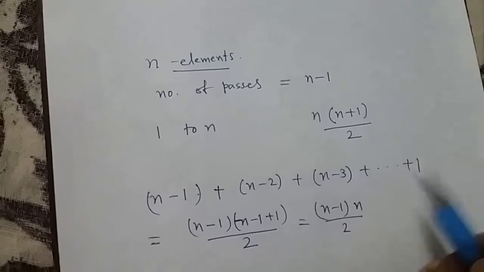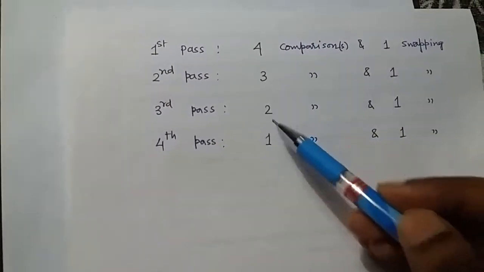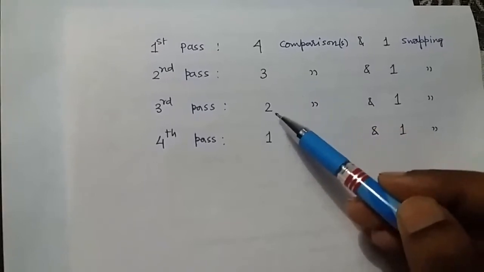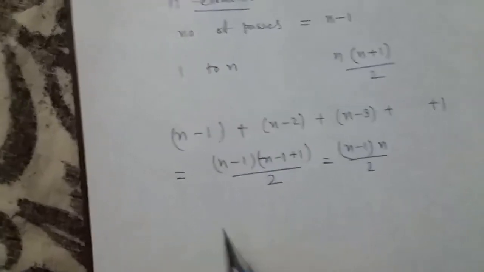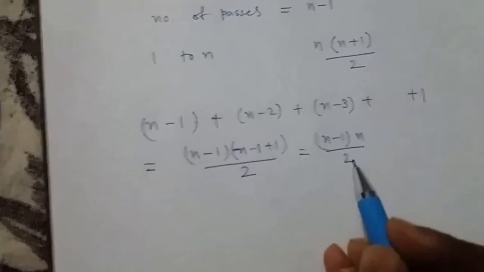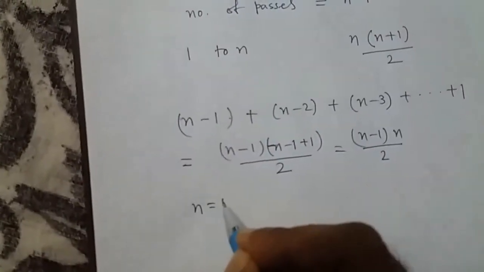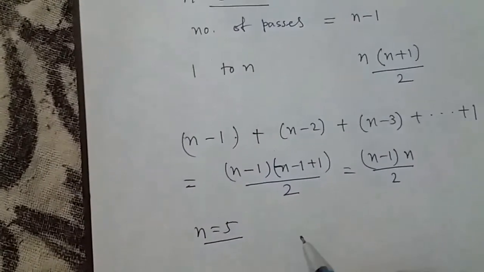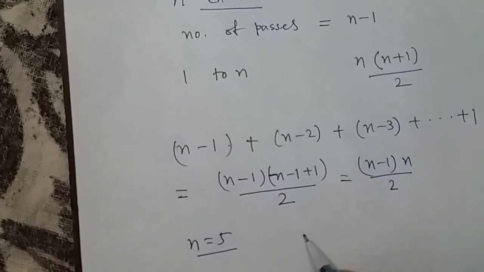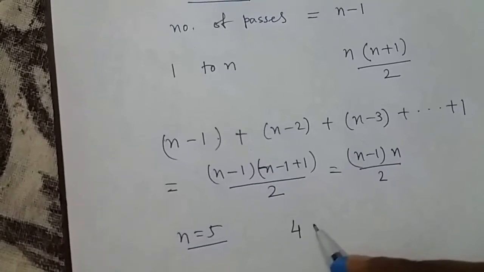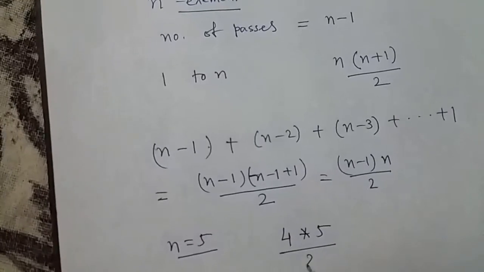So this will be the formula. You can see in case of 5 elements, 4 plus 3 plus 2 plus 1: 4 plus 3 is 7, plus 2 is 9, plus 1, total 10 comparisons are there. So let's put according to this formula here. According to our example, n equals 5. So what is the total number of comparisons? According to this formula, n minus 1 into n by 2. So n minus 1 means 4, into n means 5, divided by 2.